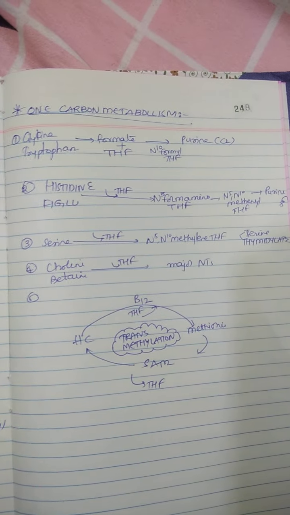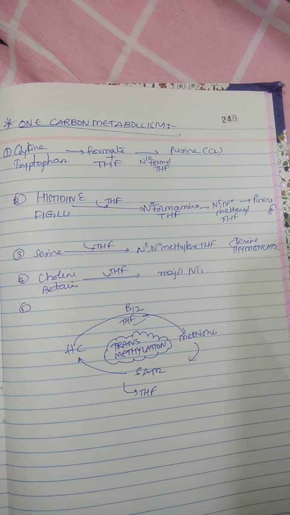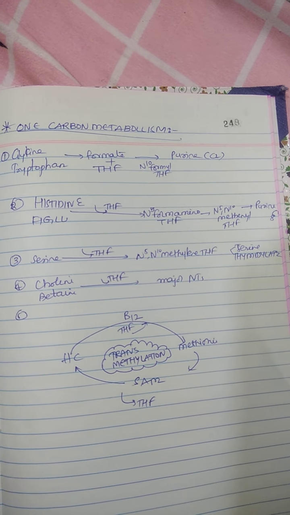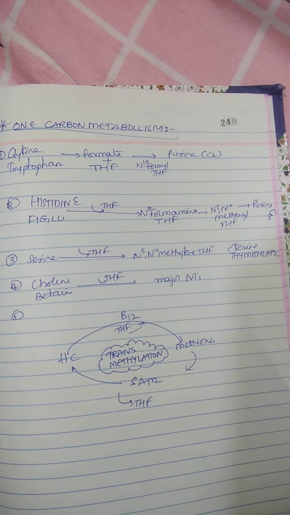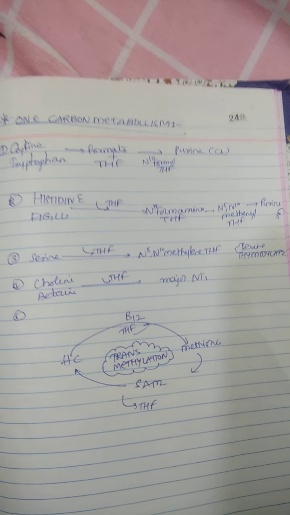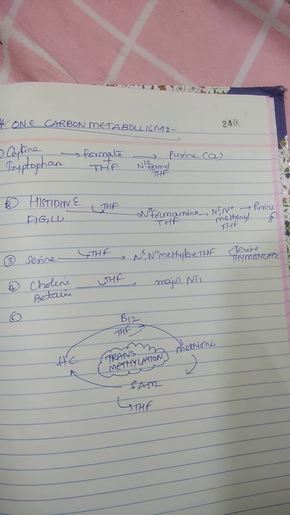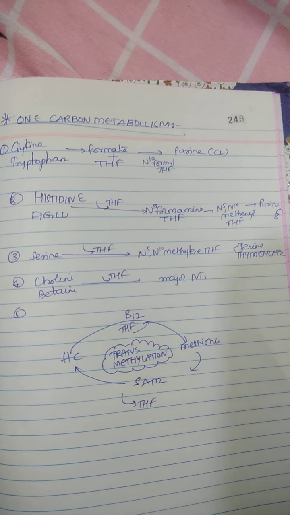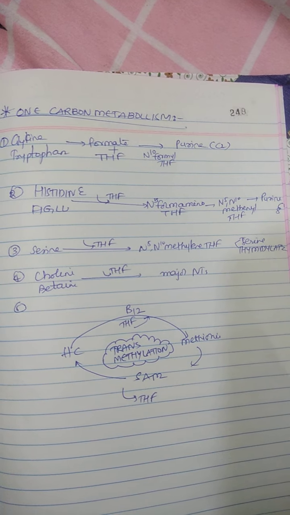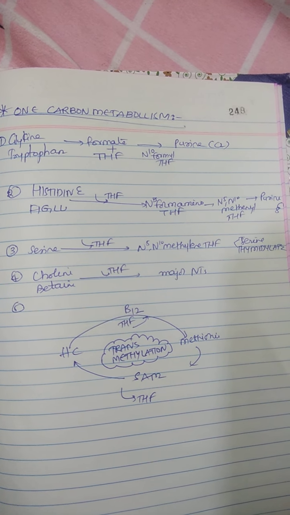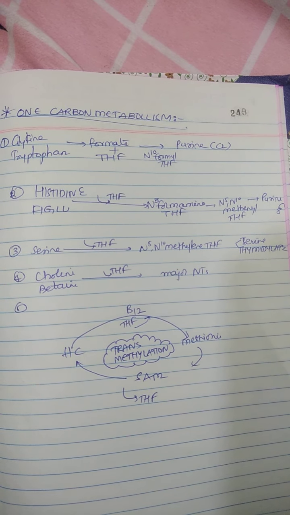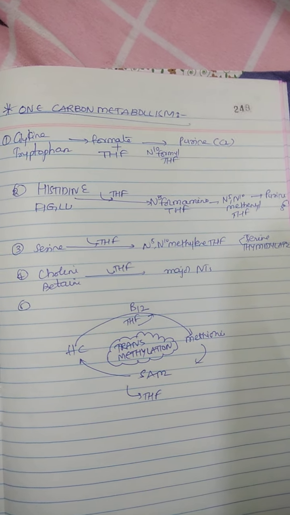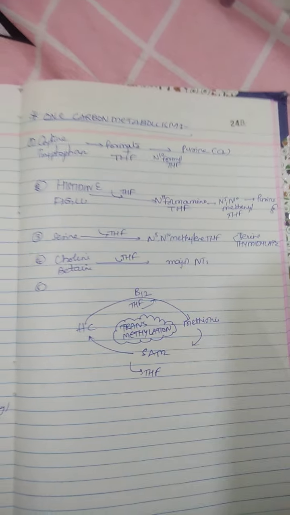And 1-carbon metabolism is clearly explained. Glycine and tryptophan will lead to purines, histidine will lead to purines, serine will lead to serine and thymidylate, and choline and betaine will lead to major nucleotides. And this is nothing but the transmethylation reaction that simply involves the exchange of homocysteine to methionine and methionine to homocysteine in the presence of B12, tetrahydrofolate, and SAM.